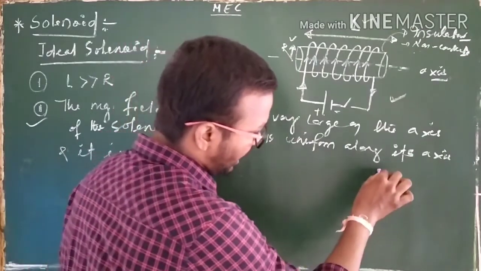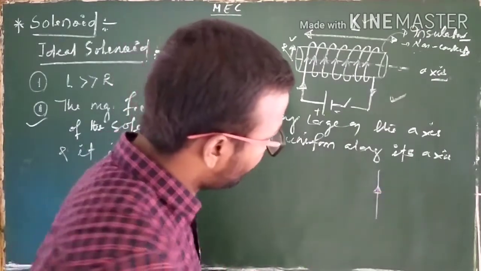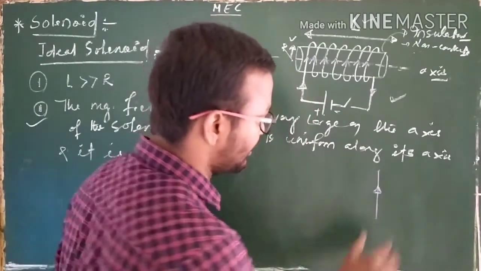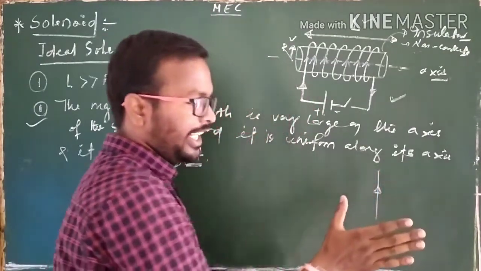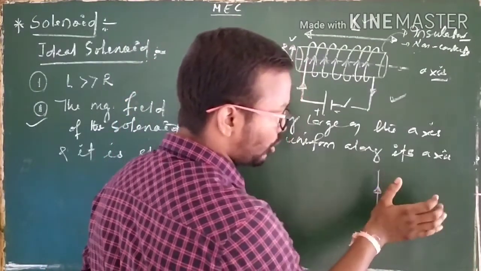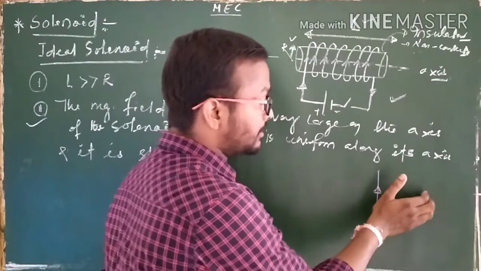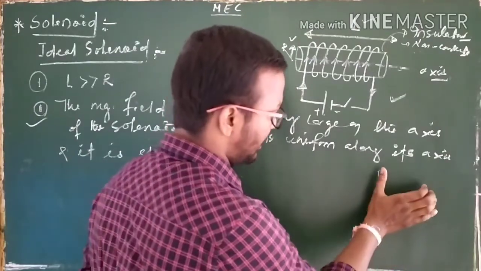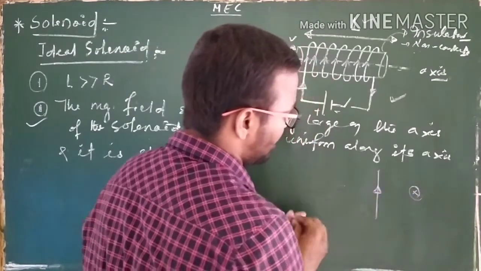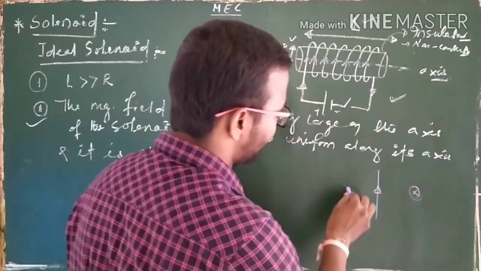The magnetic lines of force around a current carrying conductor are concentric circular loops. According to the right hand thumb rule, the thumb indicates the direction of current, and if you curl the fingers, the tip of the finger indicates the direction of the magnetic field. So this is the direction of magnetic field at this point, inward, and here the direction of magnetic field is outward.